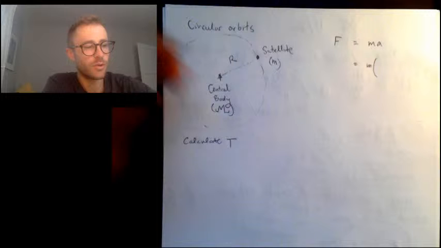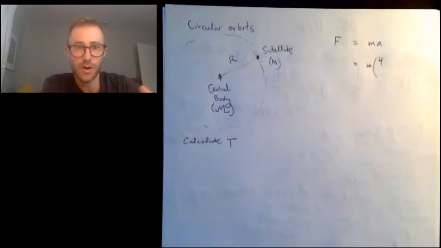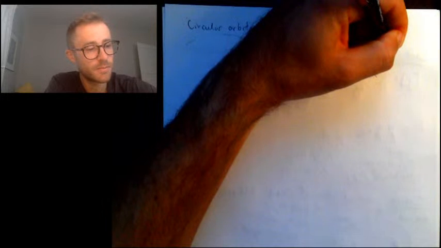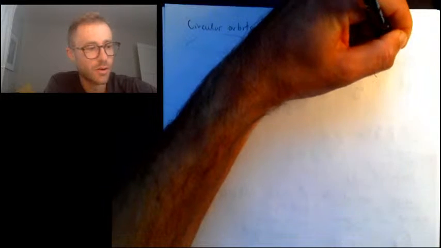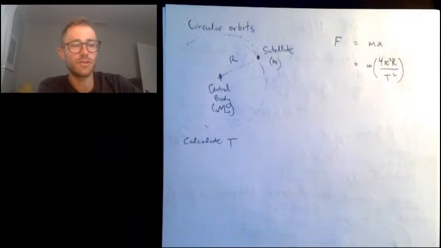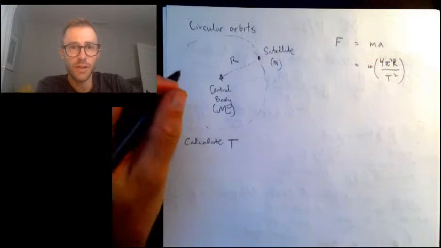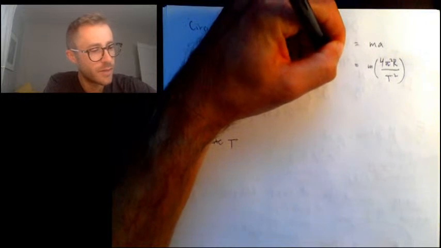Since I'm trying to calculate the period, the one we're going to use is not v squared over r, because that doesn't have period in it. We're going to use 4 pi squared r over period squared. So that's the acceleration.